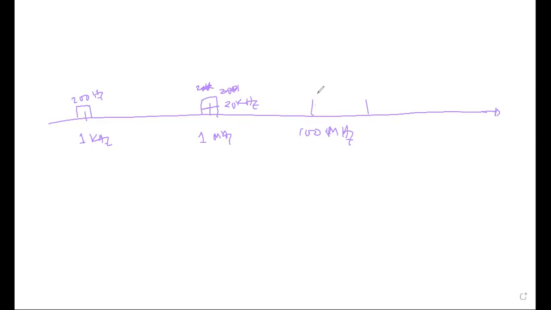You can even allocate bandwidth in the order of megahertz, on the two sides. So many different applications you can fit in, each taking up 1 megahertz of bandwidth, and several more.